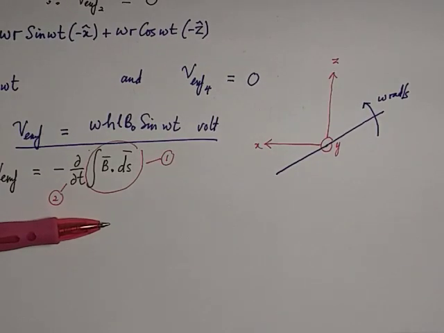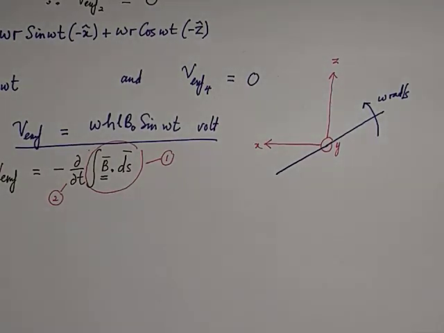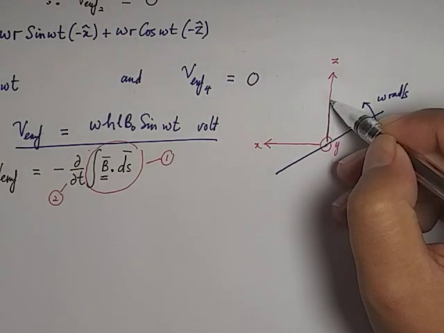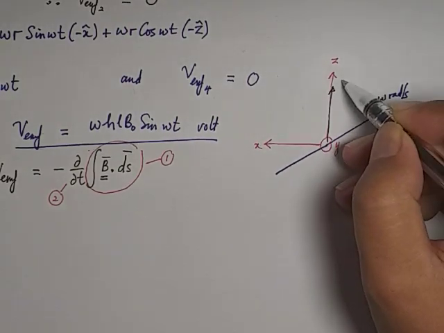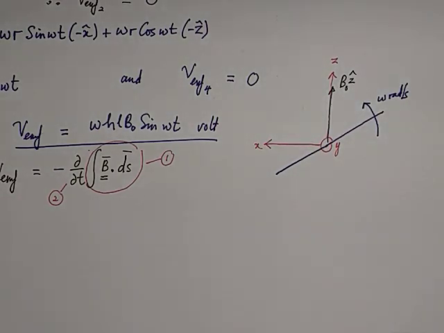So what we can see from this problem, first, is the information of the B. So how are we going to draw the B here? The B is going to be along the z-axis, correct? So this should be our B, along the z-axis. Okay, that's done.